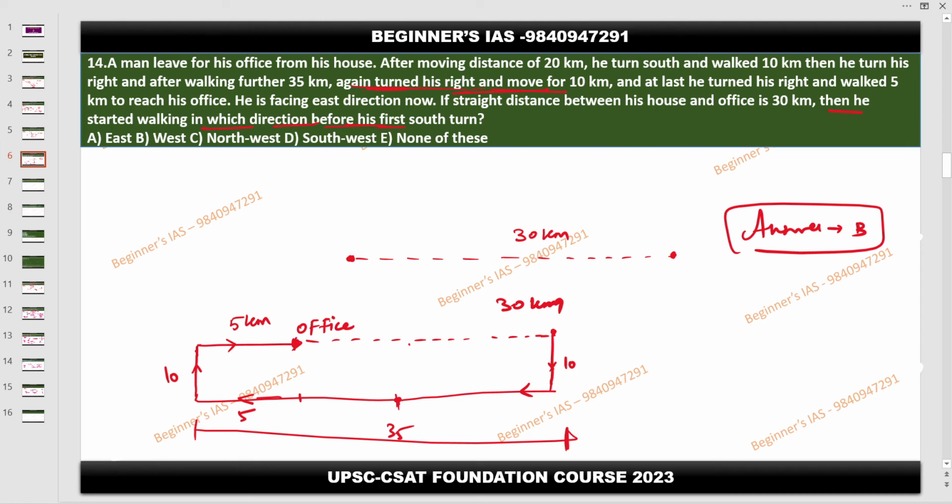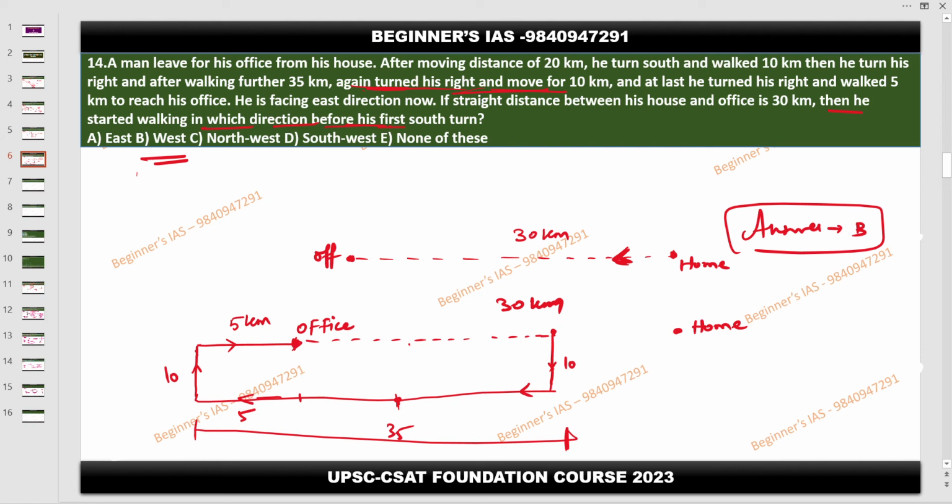This is the home. Okay, I'm marking this as the home. Since I'm placing home here, I'm placing office here. Then if he is walking in this direction, then obviously it is going to be the west. Okay, one option is there, so we can eliminate the remaining.